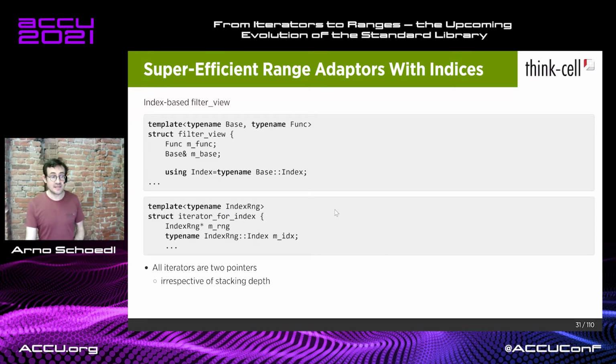And that means when we now create an iterator for this filter, our iterator is still just basically two machine words. It's the pointer to the range and the index. And that index doesn't grow in size, no matter how large the stack of filters is that you stack on top of each other.